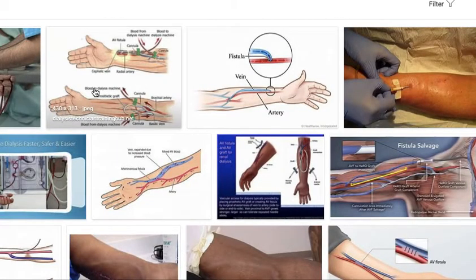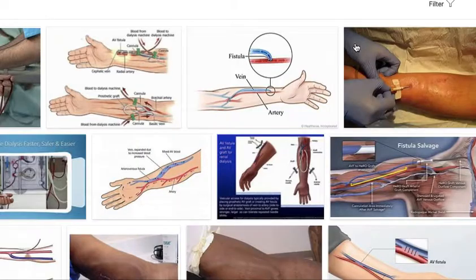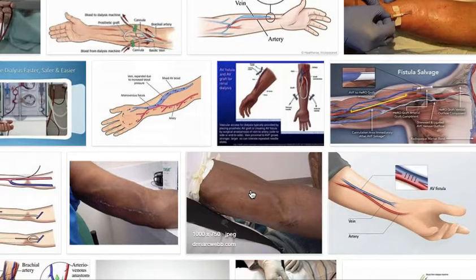So, fistula for dialysis. This is how they make it. They basically connect an artery and a vein. How it looks in reality is like this.